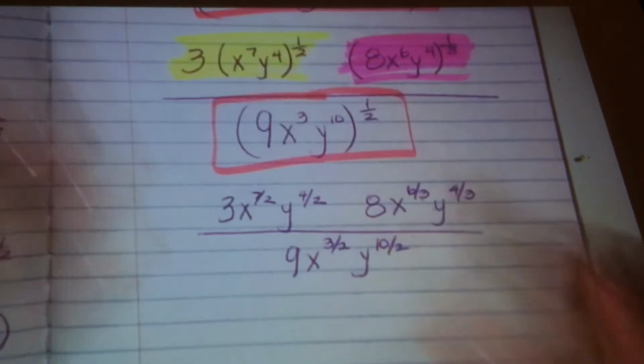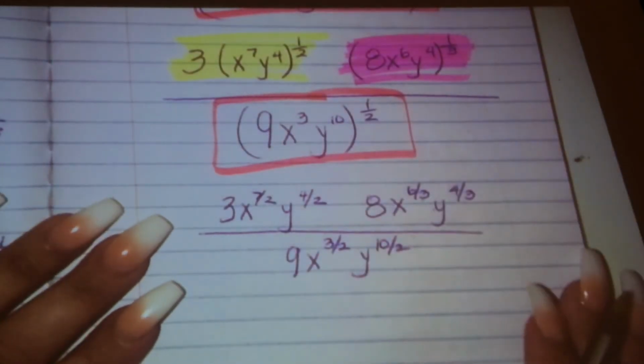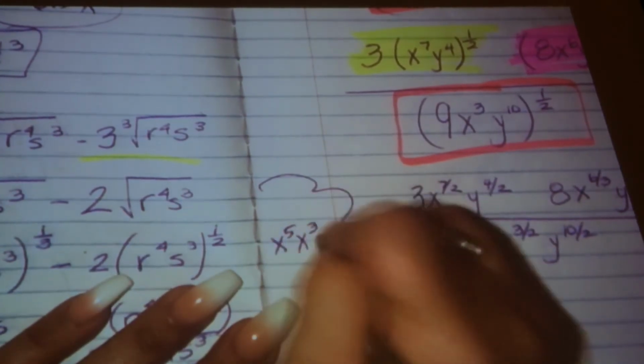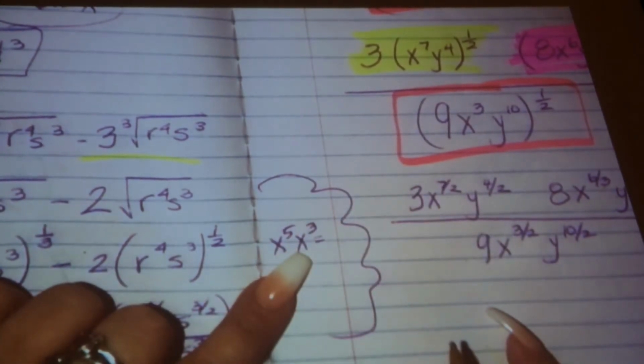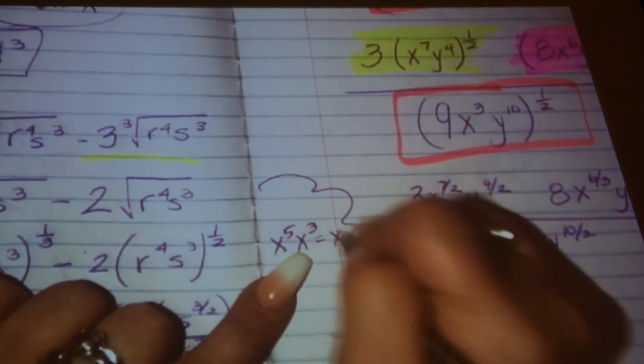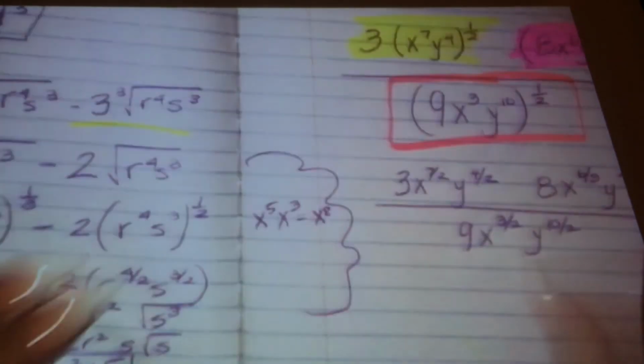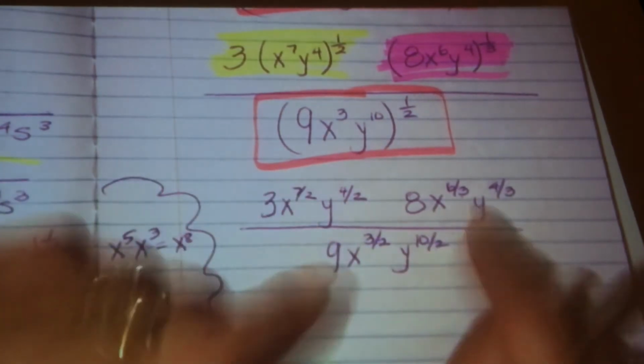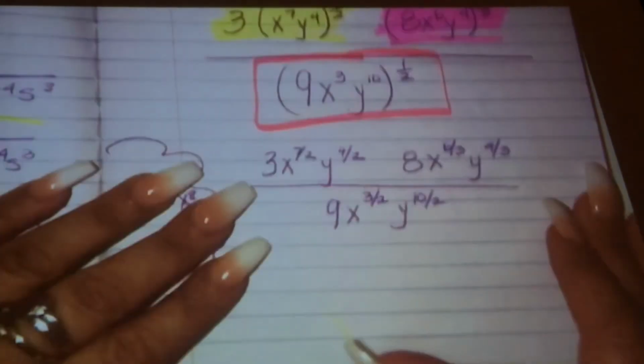You just distributed all the exponents. Remind me back in the day, if I gave you x to the 5th and x cubed, what's the answer? What did you do with these two? Add them up. So you're going to do the same thing here. Add these up, but when you divide, you're going to subtract, okay?